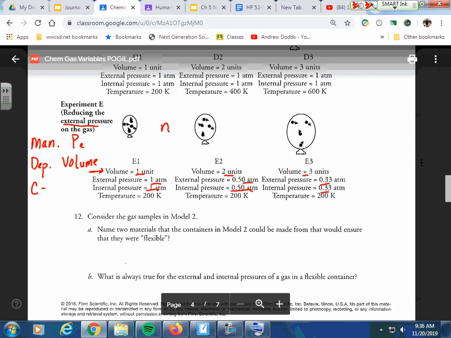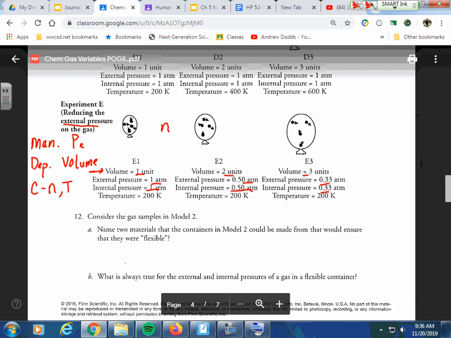So we know the amount of gas is not changing, and we know the temperature is not changing, but I don't think I would put the internal pressure, because the internal pressure is changing here. So it wasn't being changed by us, it was changing as a result of what we changed.